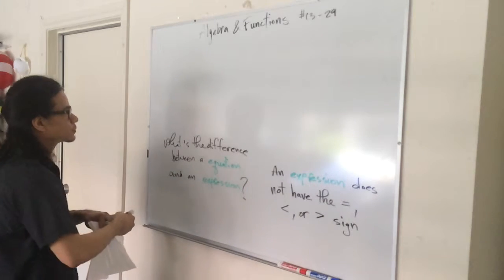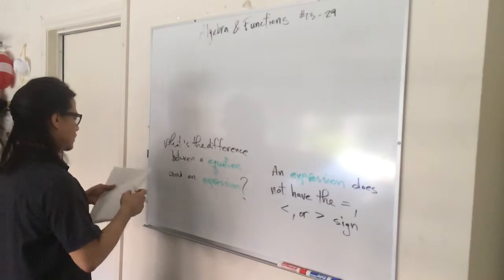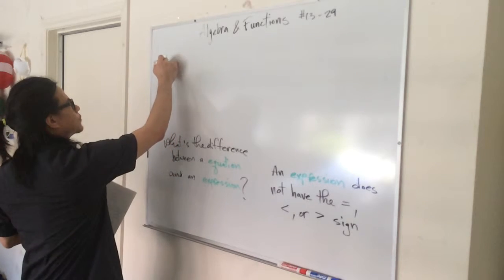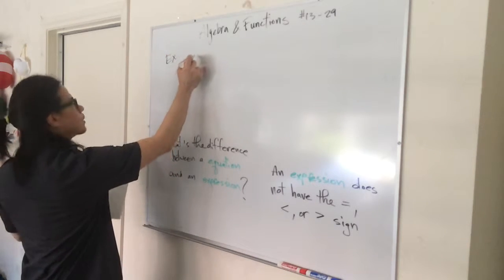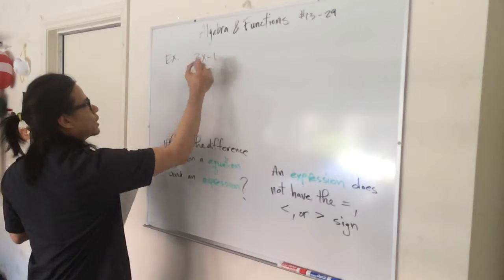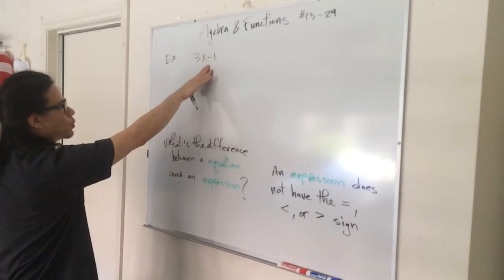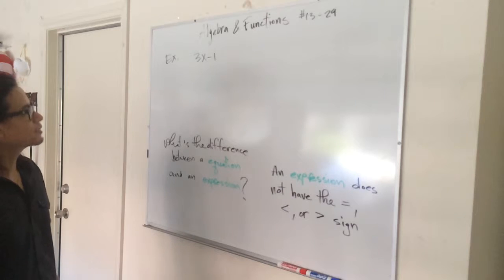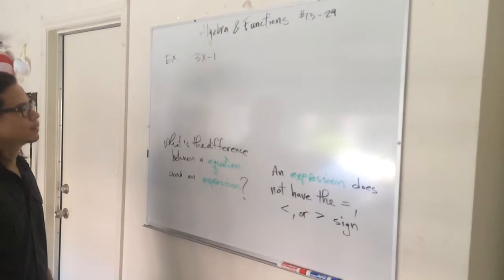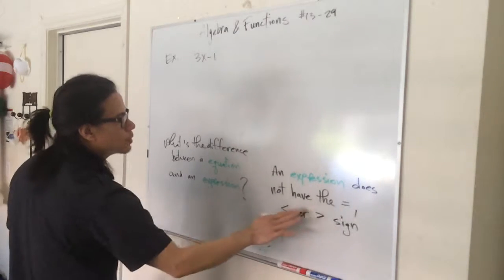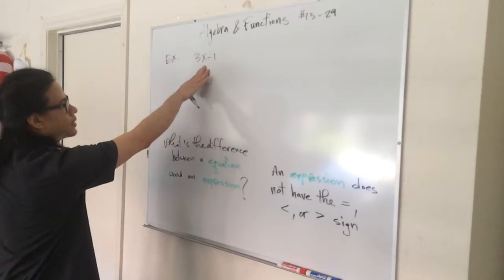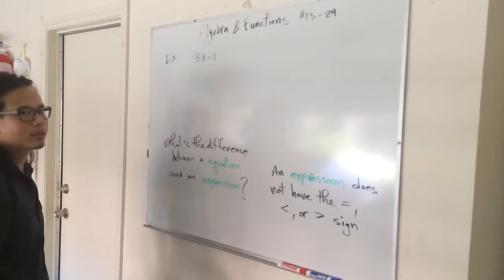Okay, so for example, 3x minus 1. Is this an equation or an expression? Do you see an equal, less than, or greater than sign here? Nope.